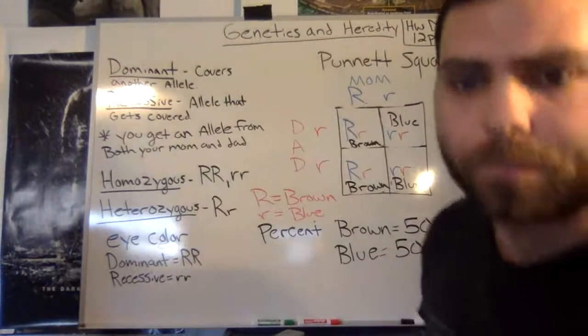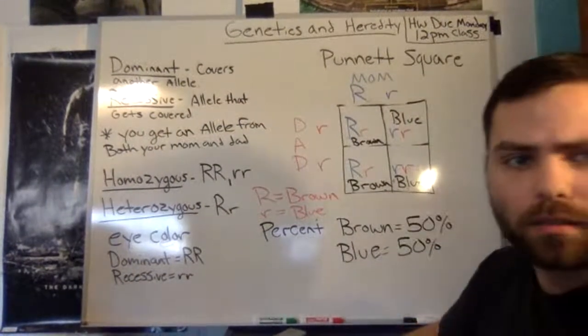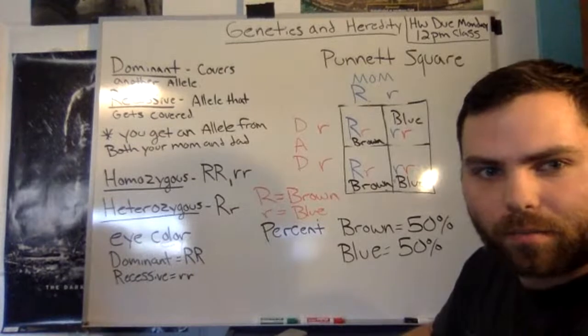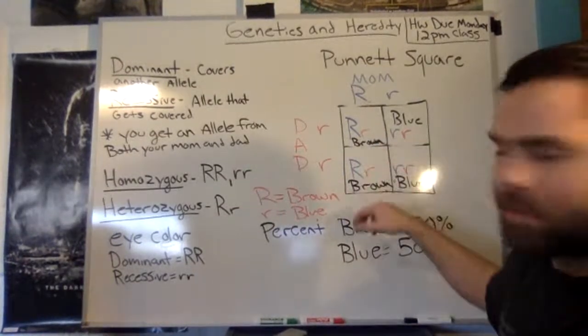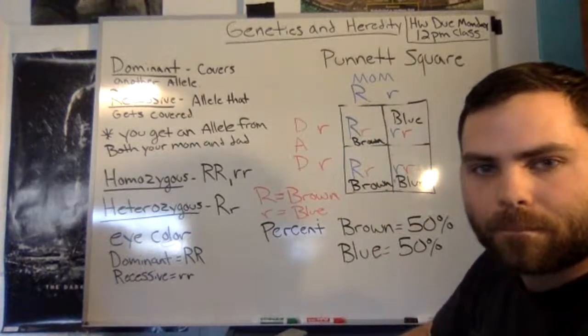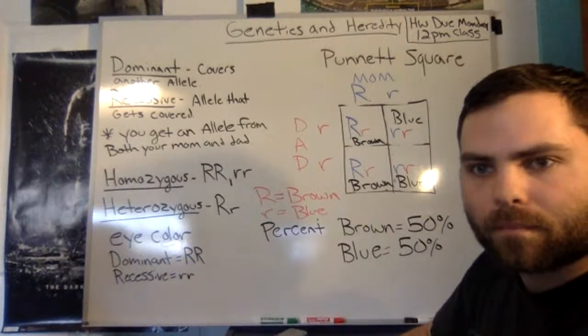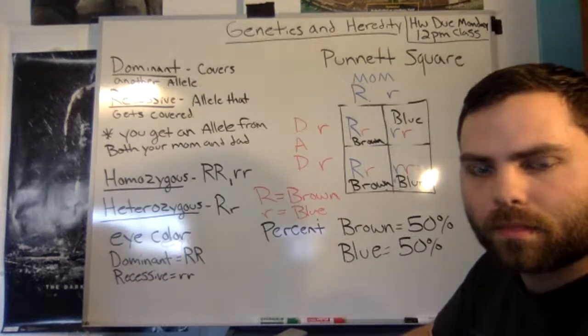Now remember, for me, I got blue eyes, right? I have 3 other siblings, so there's 4 of us total. Does this mean that since there's 4 boxes, half of us are going to have brown eyes and half of us are going to have blue eyes? What do you guys think? No, right?